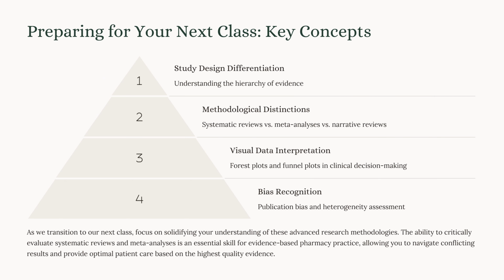All right, to wrap up this lecture on meta-analyses, systematic reviews meta-analyses, you should be able to really understand what a systematic review is, how it's performed, what are the differences between a systematic review, meta-analysis, and narrative review, how you actually look at some of the visual interpretation of a meta-analysis, specifically funnel plots and forest plots.